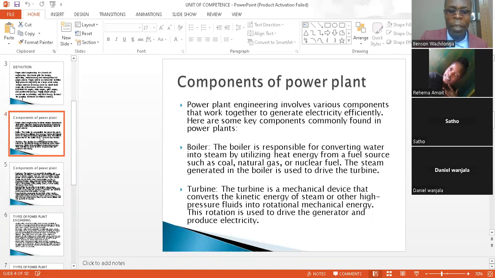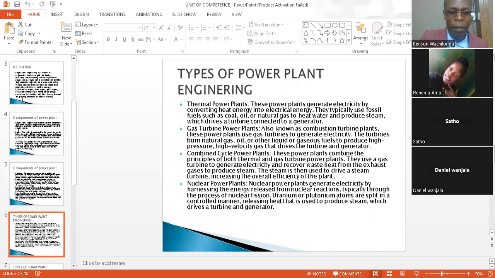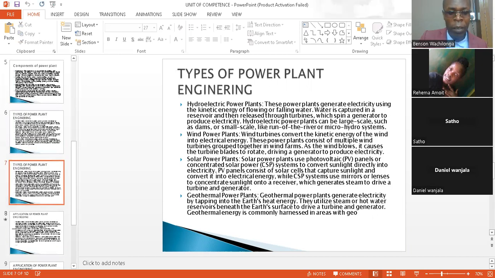The turbine is a mechanical device that converts the kinetic energy of high pressure steam into mechanical energy. Then we have the condenser, which is responsible for cooling the steam back into water.